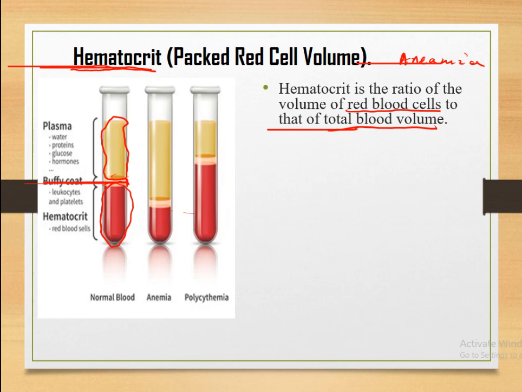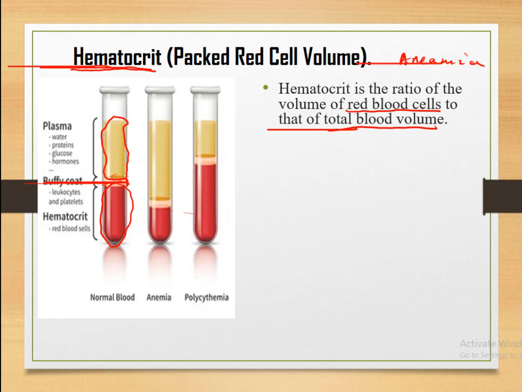When someone has fewer red blood cells, we need to understand that there will be little transportation of oxygen to vital organs. This is why people with anemia find it hard to cope with some heavy work.